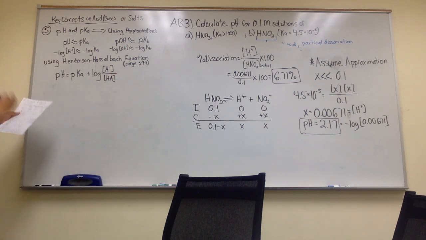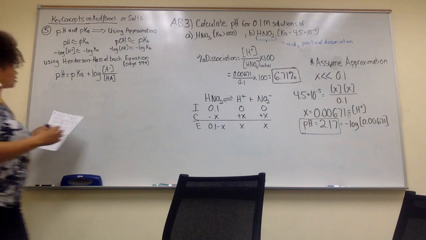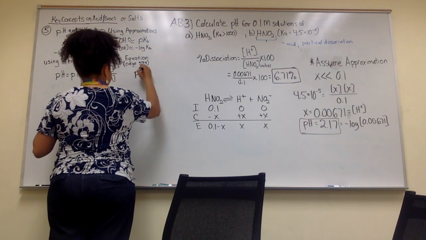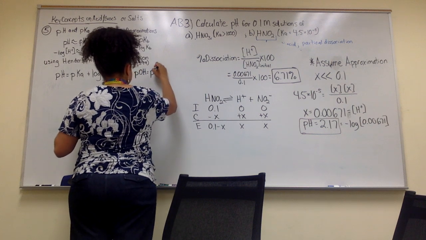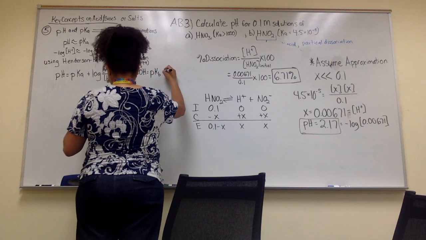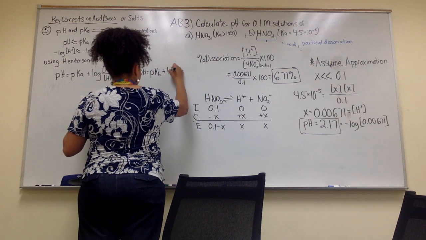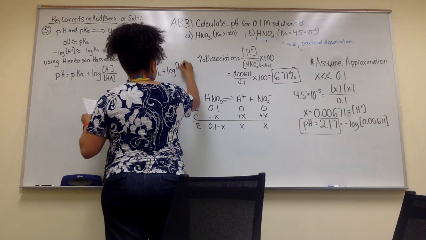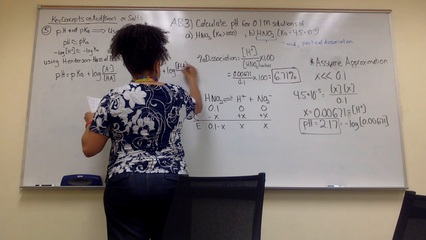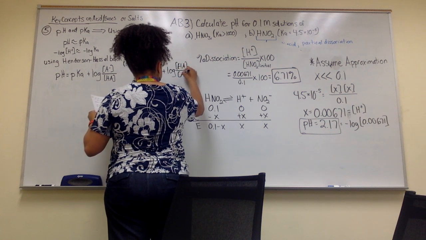Okay? Now, similarly, the pOH is equal to the pKb plus the log of conjugate acid over base.